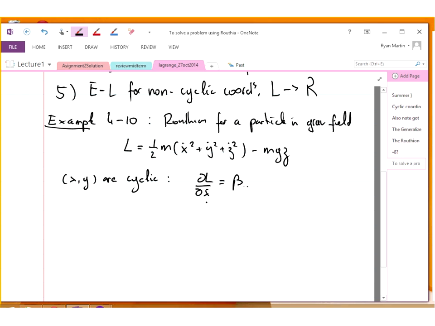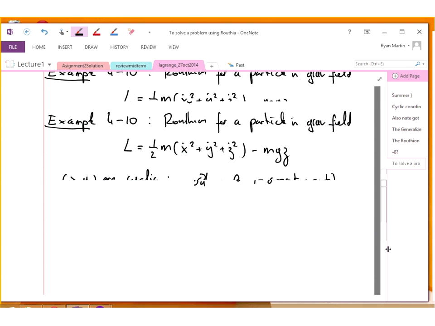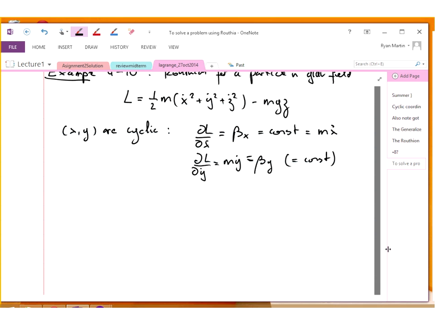That's also equal to m x dot. Similarly, ∂L/∂y dot, which is equal to m y dot, is going to be equal to a second constant, which we'll call β_y. So now we have to rewrite the Lagrangian L, but we have to eliminate the x dot and the y dot, right?